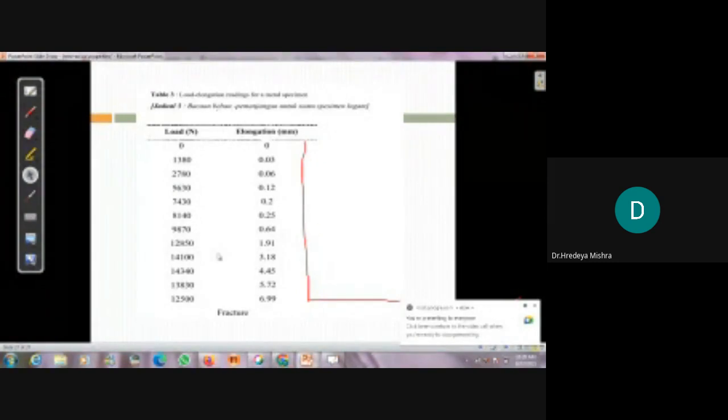Okay, so the minimum value is 1380. So in the y direction, we choose 1 centimeter equal to 1000 Newton.